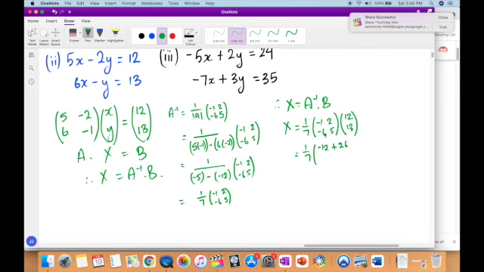And 6 times 12 is 72, so that will be negative 72, plus 5 times 13. 5 times 13 is 65. So that is 1 over 7 into 26 minus 12 is 14.